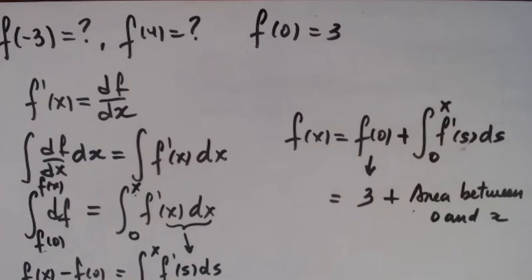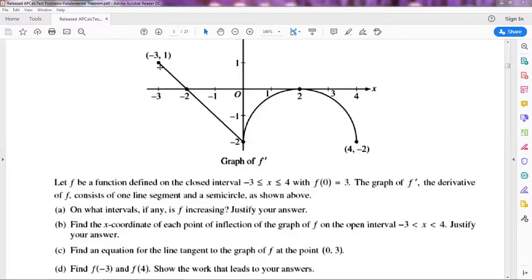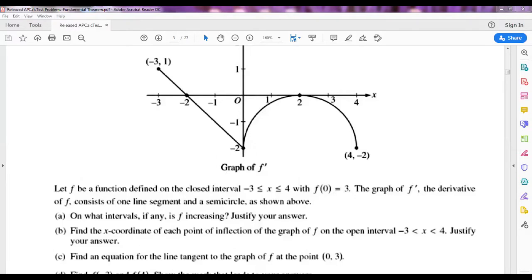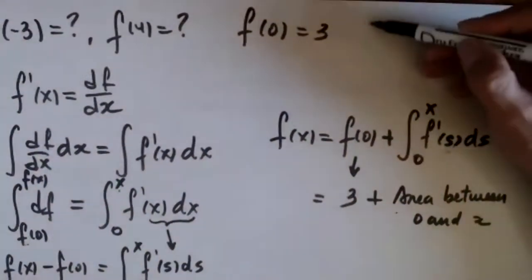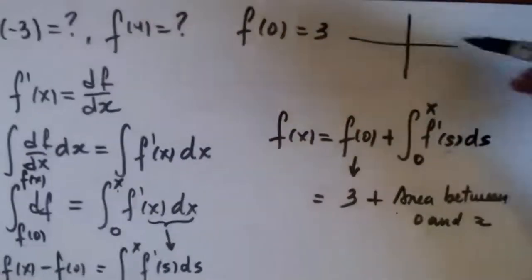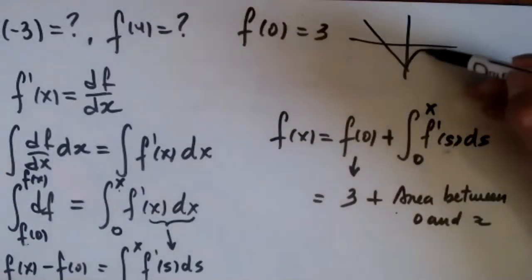Let me just share the screen. Here, you see the area under these curves, right? So let me just go back to my board. So what I have to do is, let me just sketch quickly the graph. So I have my graph, I have my line, I have my circle.